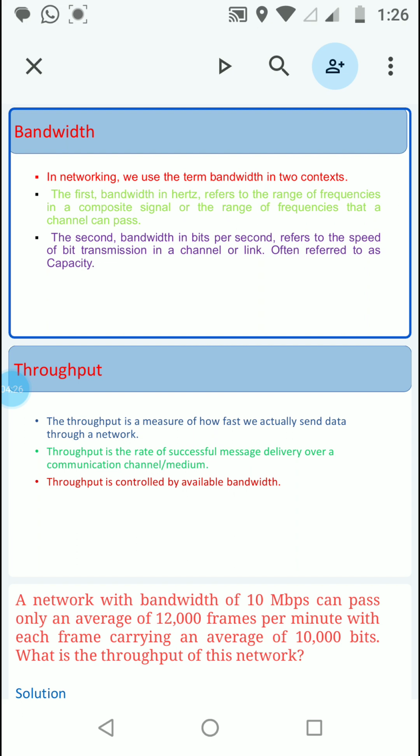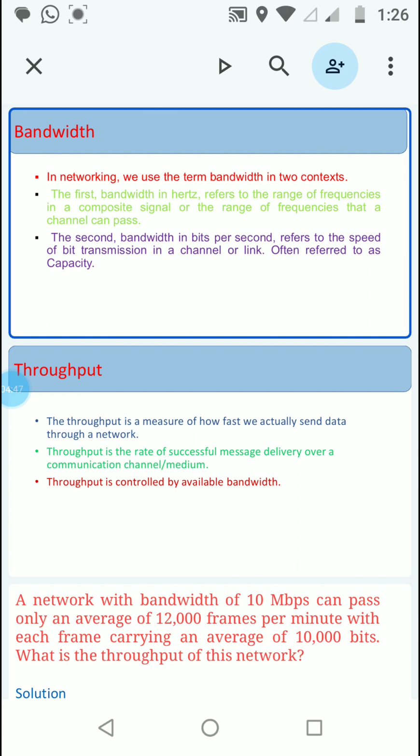The first is bandwidth in hertz and the second is bandwidth in bits per second.